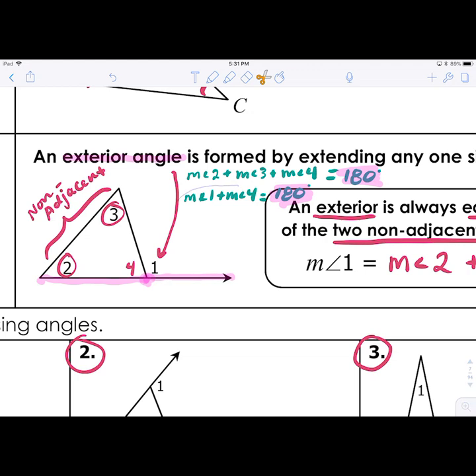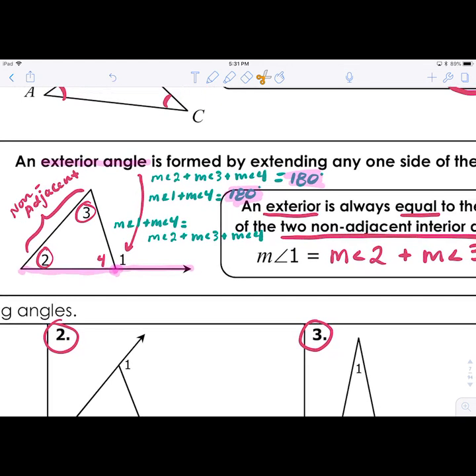Let me get real fancy here and copy this. We know that this is going to equal this other expression. Now, what looks the same on both sides of the expression?